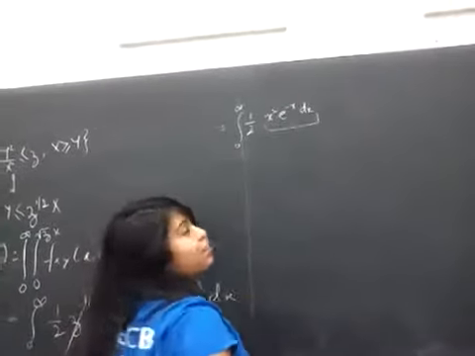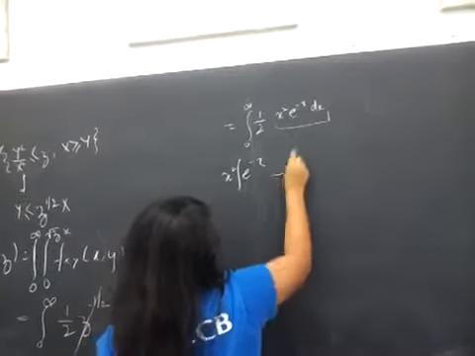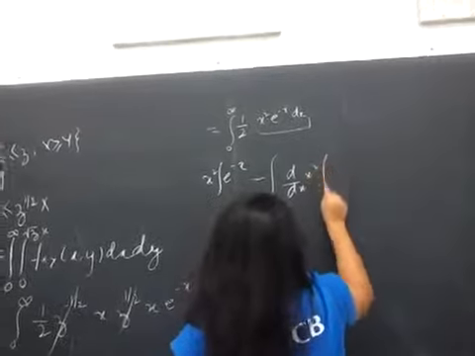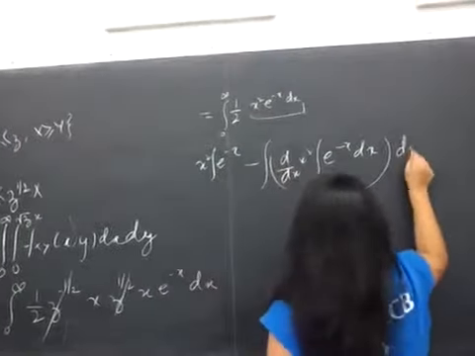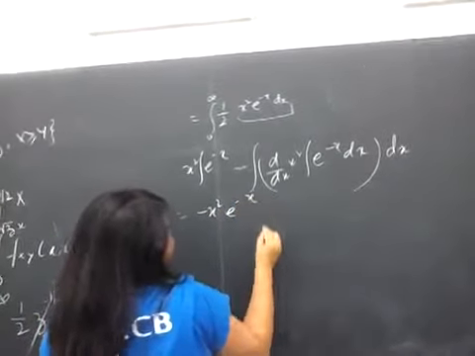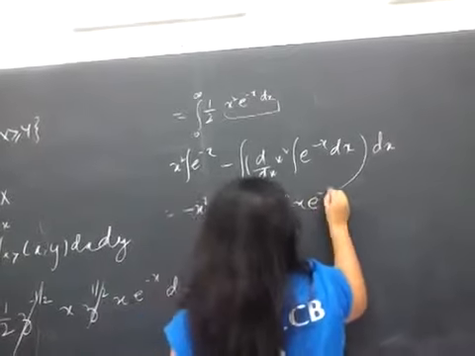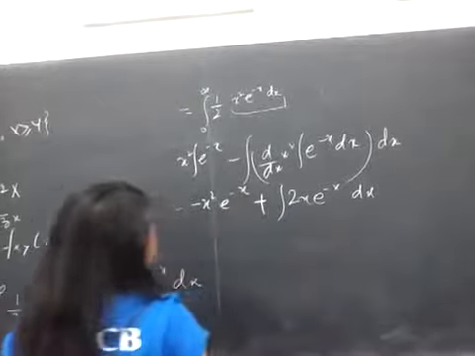I'll apply by parts here first. This comes out to be x squared times the integration of e raised to the power minus x, minus the integration of the differentiation of x squared times the integration of e raised to the power minus x dx. This comes out to be minus x squared e raised to the power minus x, minus the integration of 2x e raised to the power minus x dx. This becomes a plus because of the minus that we get here.